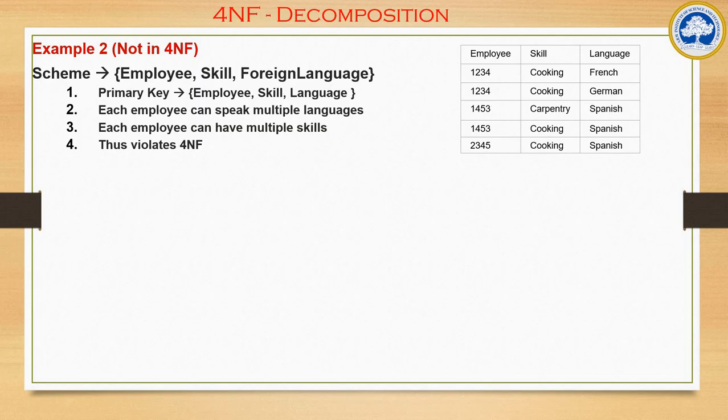Here one employee may know more than one foreign language, and similarly may have more than one skill. For example, the first employee has the cooking skill and two different known languages, and similarly you can apply it to the remaining employees.